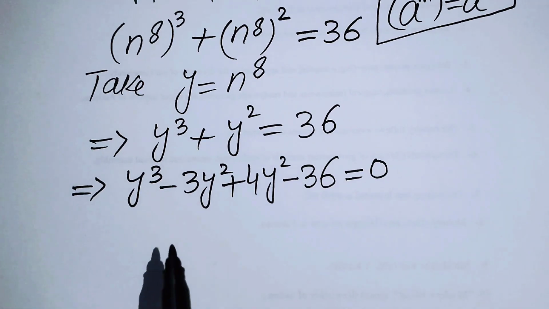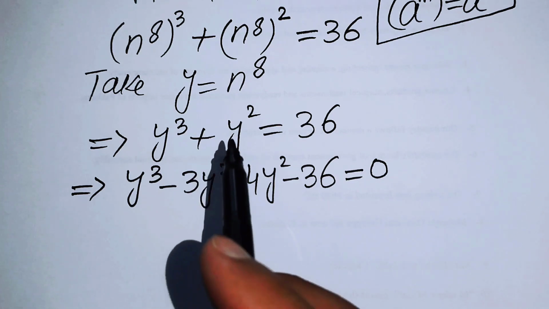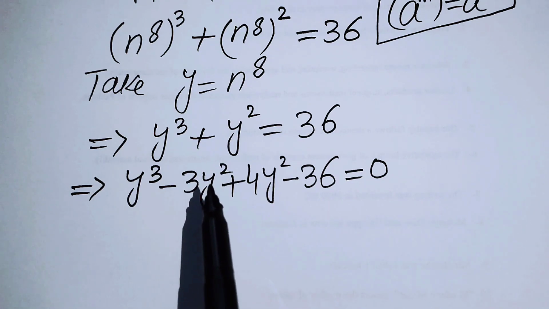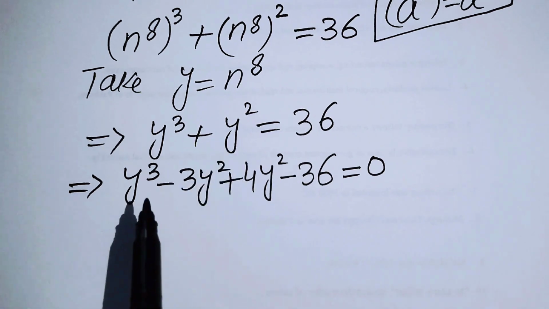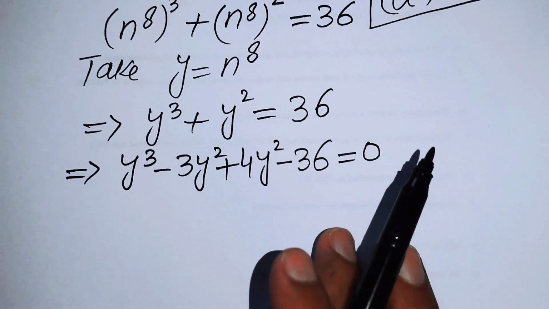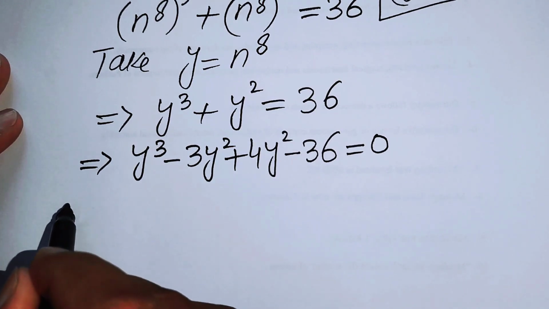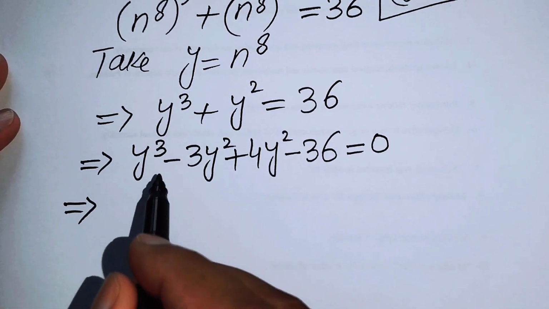Here I rewrite this y squared as minus 3y squared plus 4y squared, so it becomes plus y squared. And now we can take some common terms.